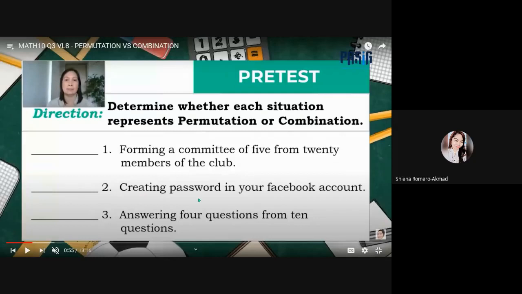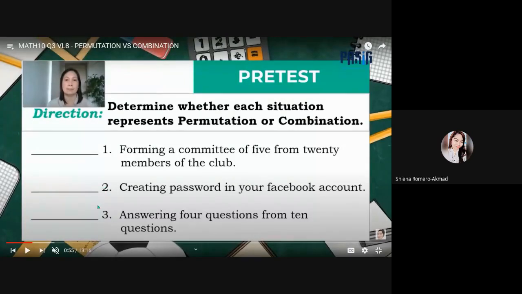Number 2, creating a password in your Facebook account. Permutation po. Kasi remember that when you create a password, though you use the same numbers, pwedeng iba-iba yung pwesto or arrangement.